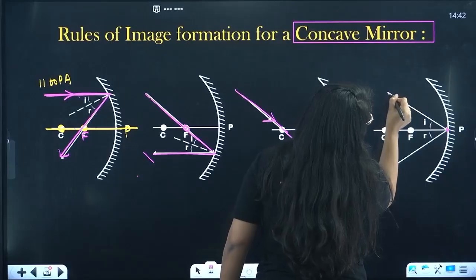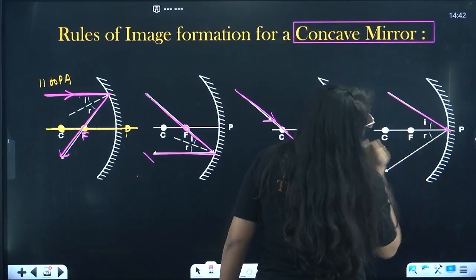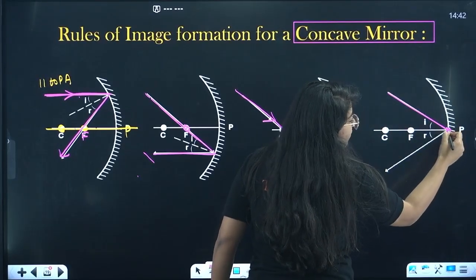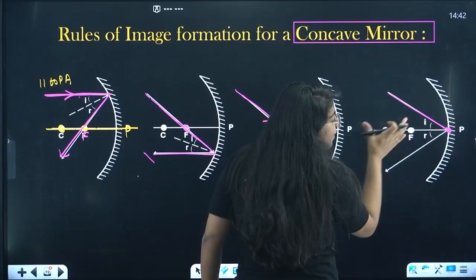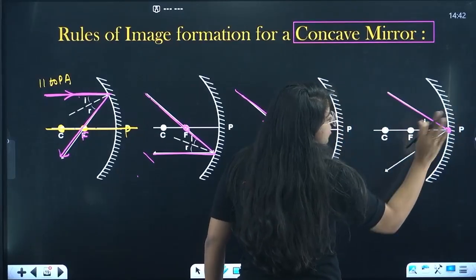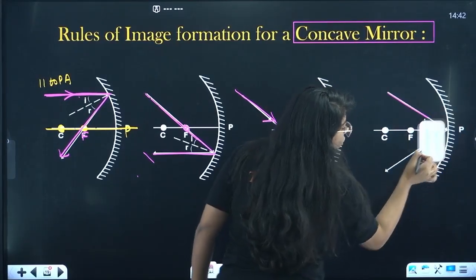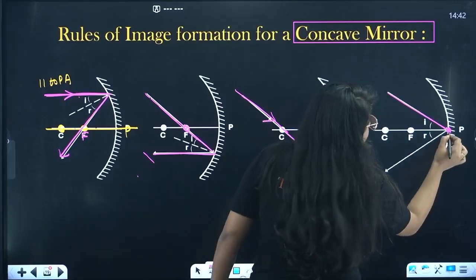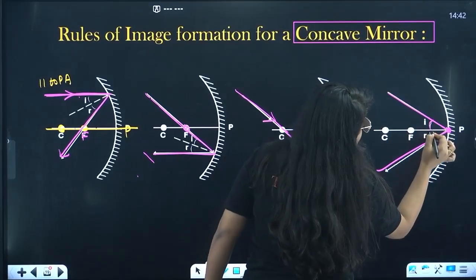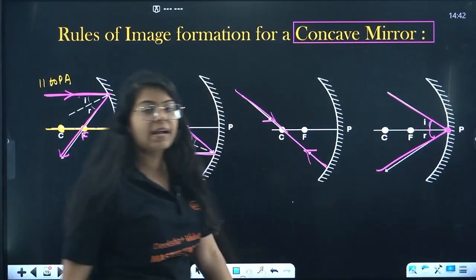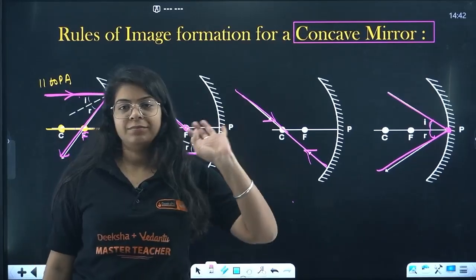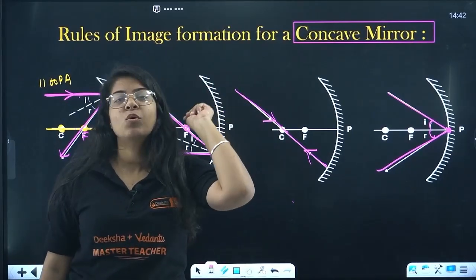The point where the principal axis touches the mirror is called the pole. If rays are incident on this pole, they go back and the incident angle and reflected angle will be equal. These are the 4 rules.